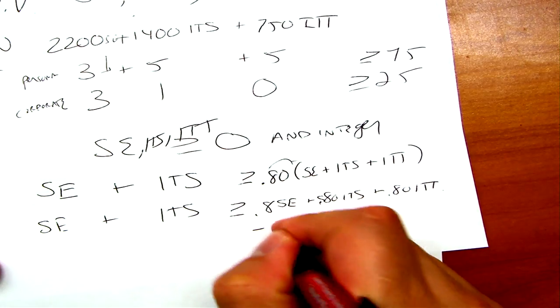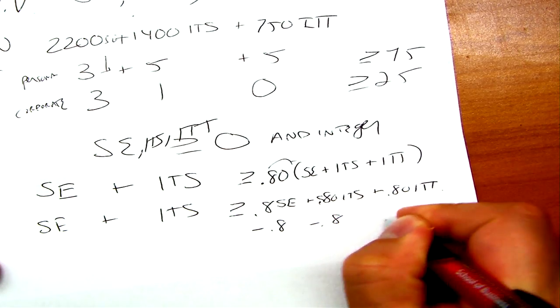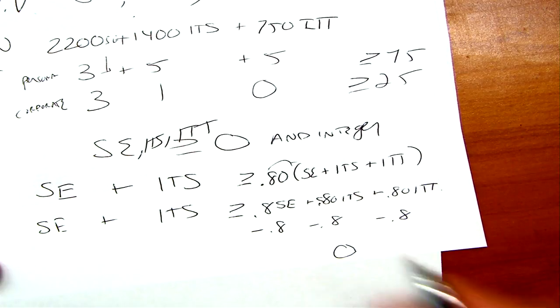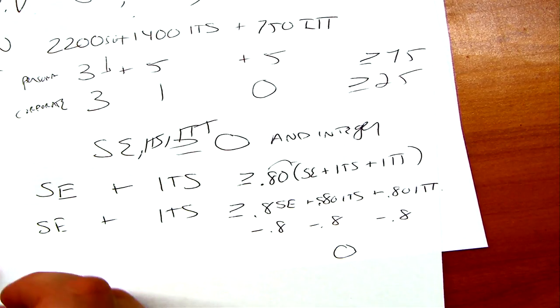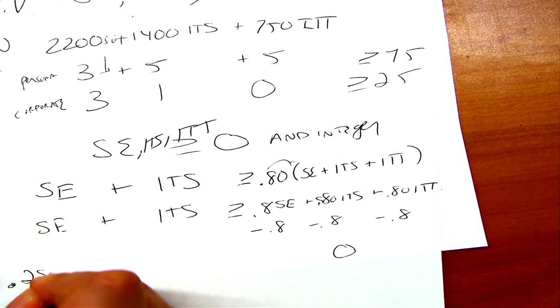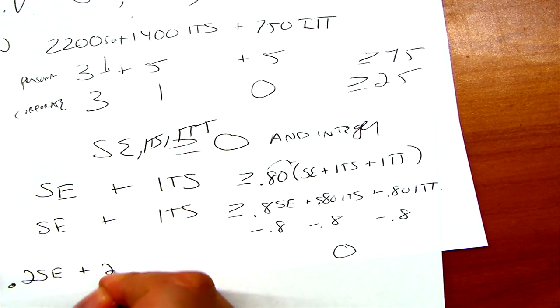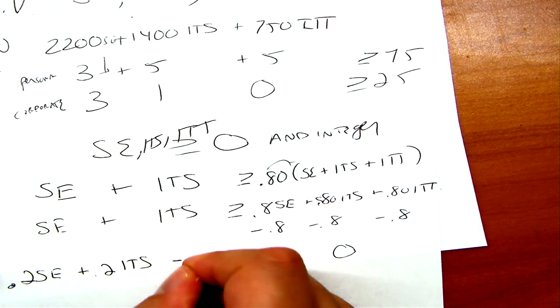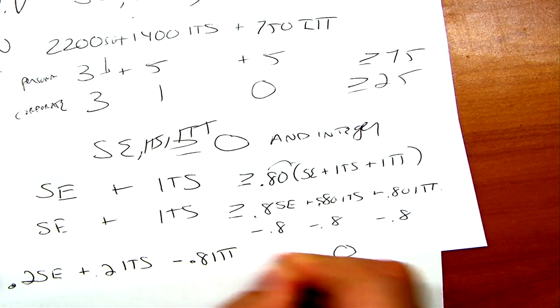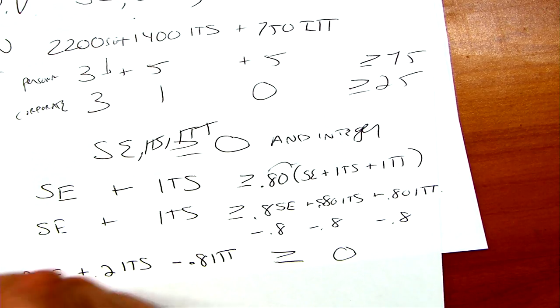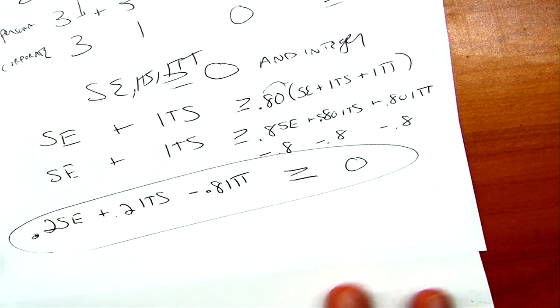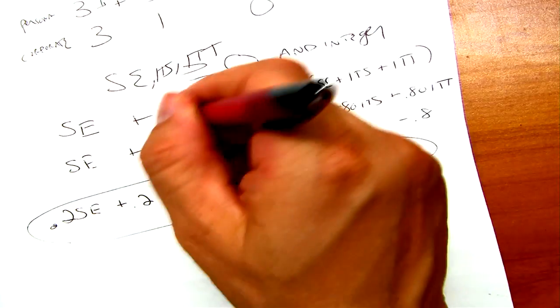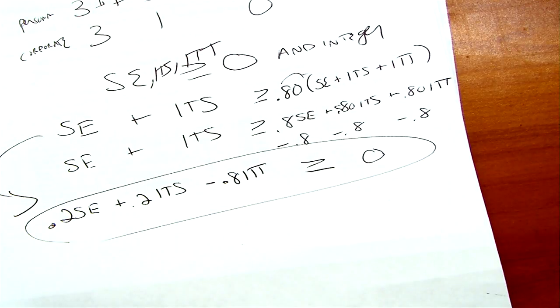Then I would have to subtract each of those from both sides so I get this to 0 over here. So this will become 0.2 SE plus 0.2 ITS minus 0.8 ITT is greater than or equal to 0. Algebraically, this becomes this.